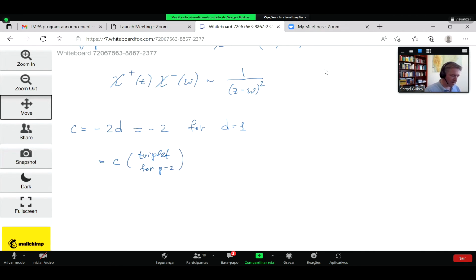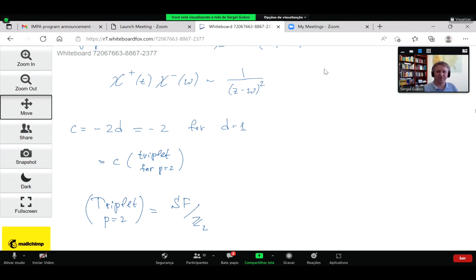So you may suspect that the two are related, and indeed it turns out that there is a connection: the triplet with p equals 2 is an orbifold of symplectic fermions by Z2 symmetry, which basically projects out the odd part.